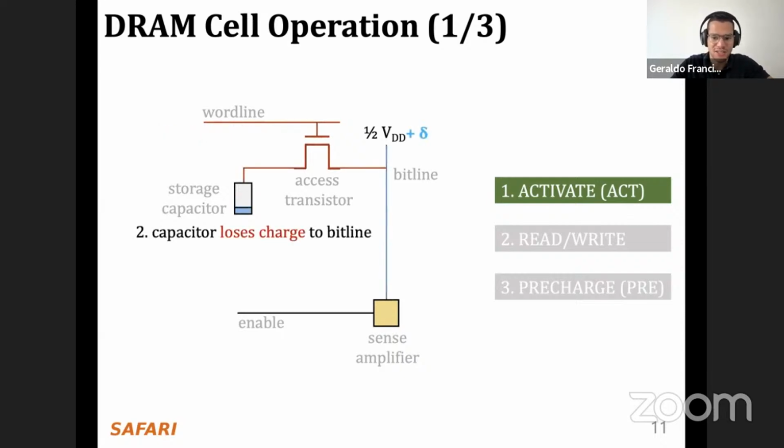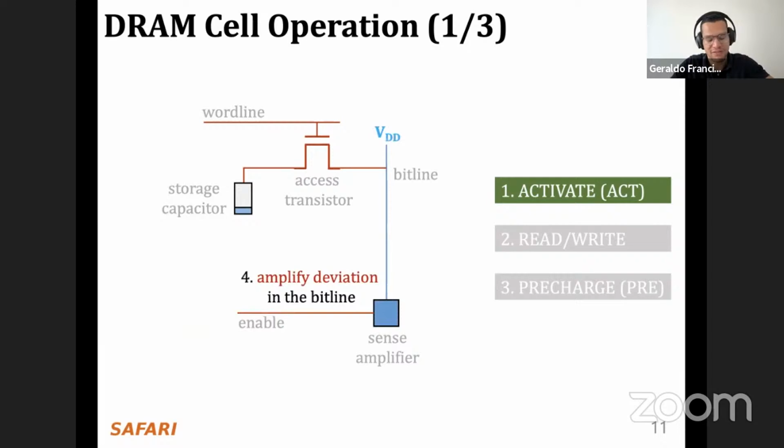Second, the storage capacitor shares charge with the corresponding bit line. And third, the sense amplifier is enabled in order to amplify the voltage deviation in the bit line itself, finally latching the value that was stored in the storage capacitor into the sense amplifier.